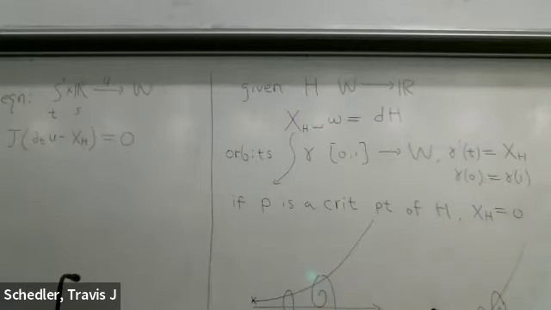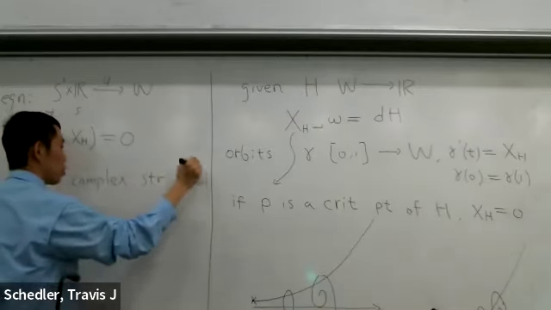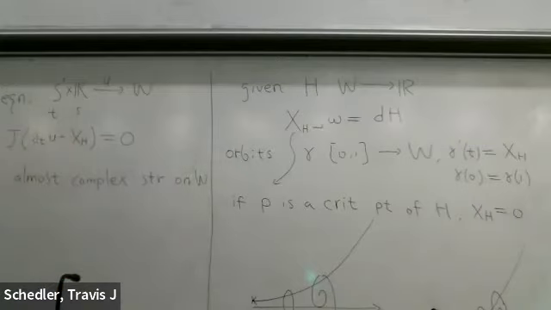Where J is another choice, where J is an almost complex structure on W. Technically, we need to assume some conditions on what kind of J we use, but I will just omit that in this talk. So we choose an almost complex structure, we can write down such an equation.